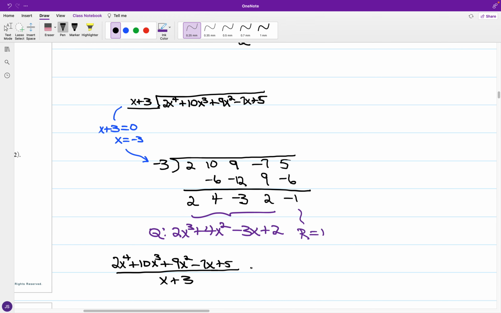So for the first part, you got your quotient. So you have 2x cubed plus 4x squared minus 3x plus 2, and the remainder, that is negative 1.